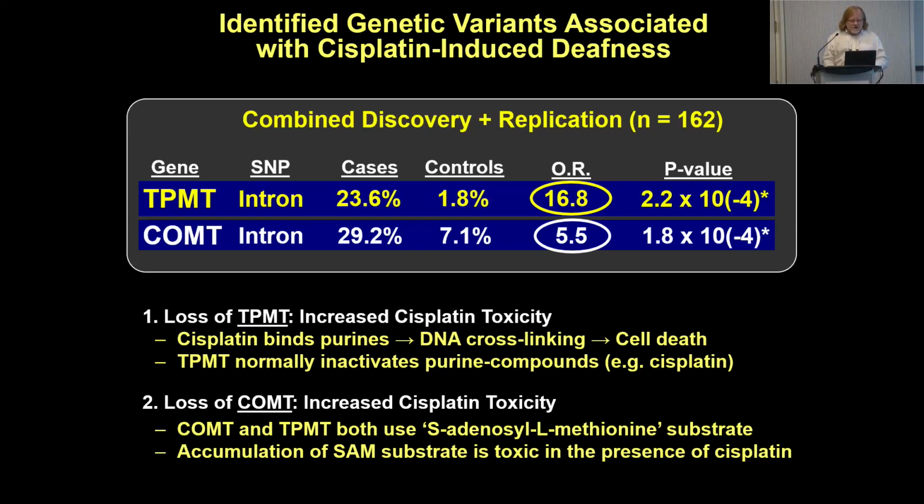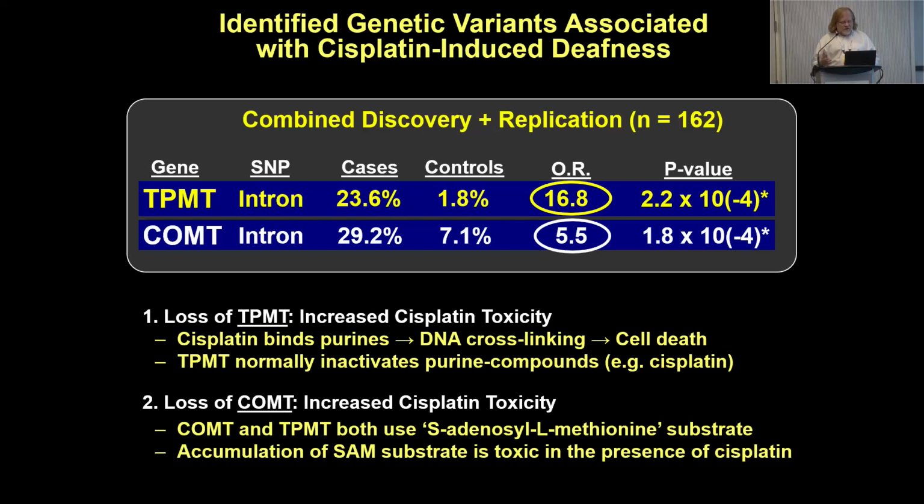They're very important genes. And from this work, we found very significant odds ratios showing that these were risk variants of significance in patients with hearing loss versus those that got cisplatin exposed that did not have that. And we posited that the cisplatin was binding purines.